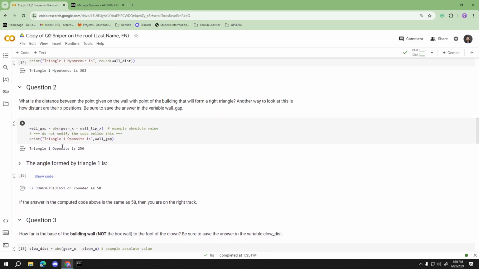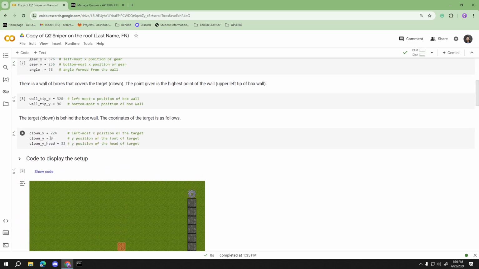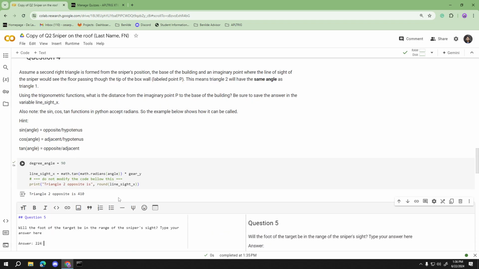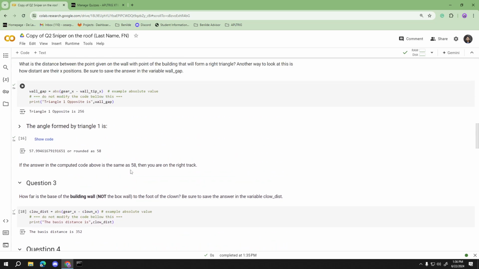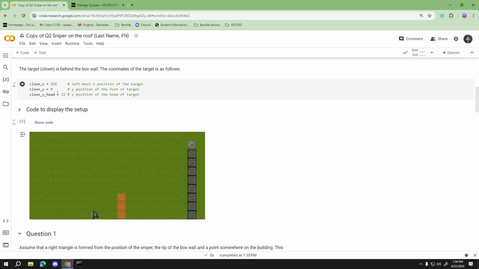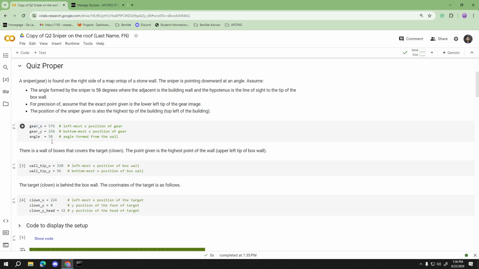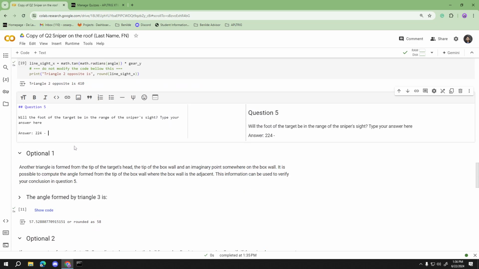We have clown x, which is 224, minus the x of the gear, 576. Of course, you take the absolute value. That should be equal to 352.